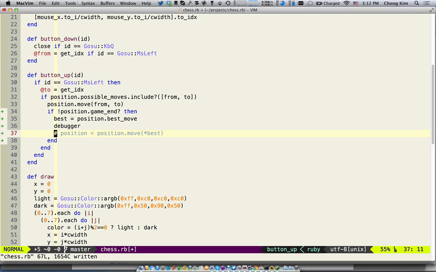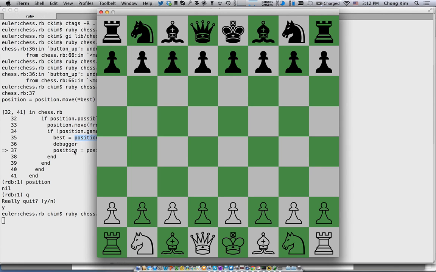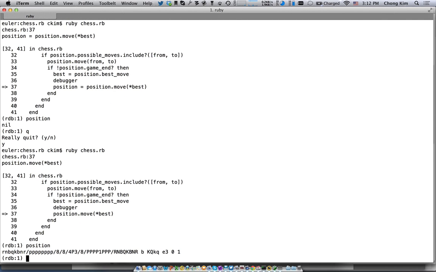Actually, let me just get rid of this assignment statement. And if I run it now, okay, so I'll just make the same move. Okay, now I get to the debugger and I say position, and I have something.